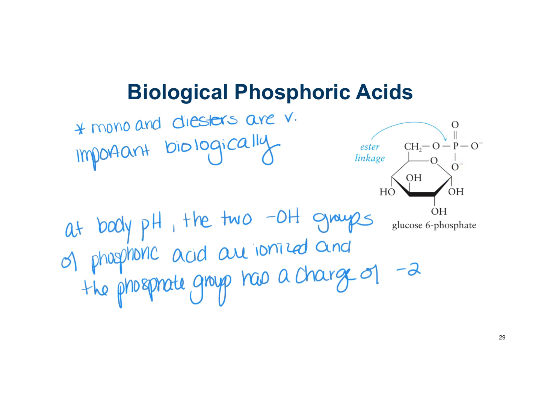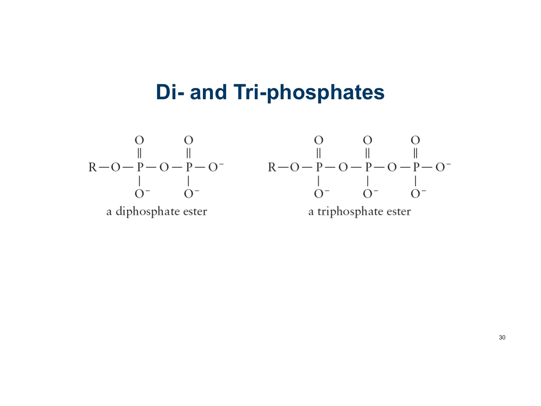Now, when we talk about our phosphates, they can also form di and triphosphates. And when we look at this, this is a diphosphate ester, and this is a triphosphate ester.